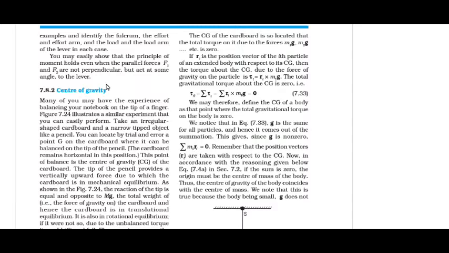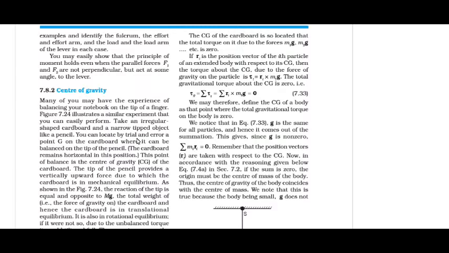Now let us study about center of gravity. Many of you may have the experience of balancing your notebook on the tip of a finger. Figure 7.24 illustrates a similar experiment that you can easily perform. Take an irregular shaped cardboard and a narrow tipped object like a pencil.